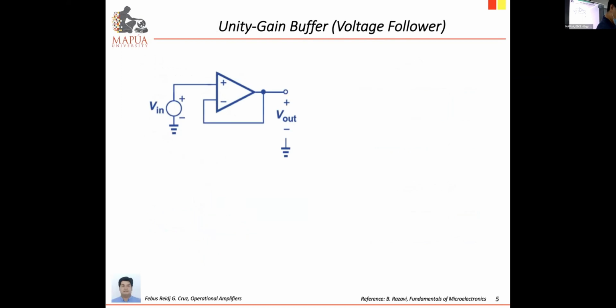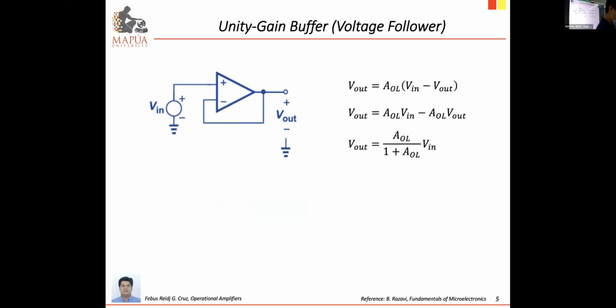All right, this is our first circuit. We call it the voltage follower. We have discussed this last time, so I'll try to skip this over. For a voltage follower or unity gain follower, the main characteristic is the input voltage is connected at the non-inverting, and the negative input will be directly connected to the output.